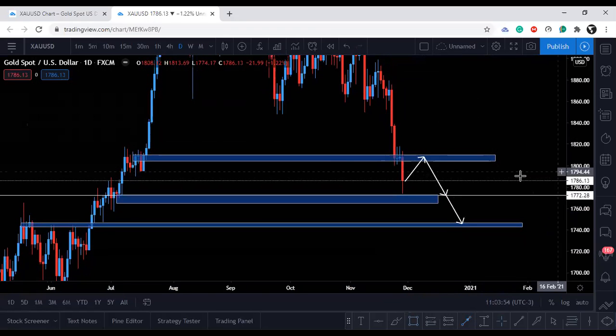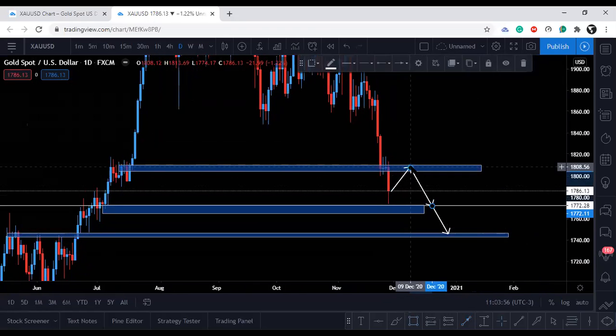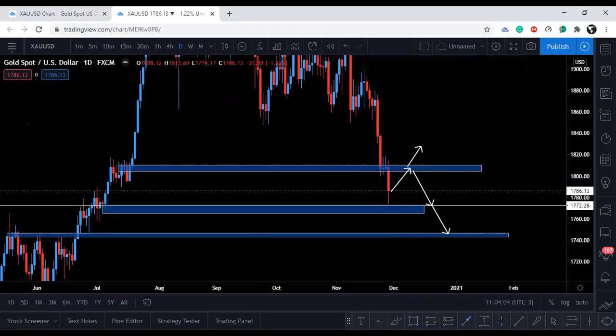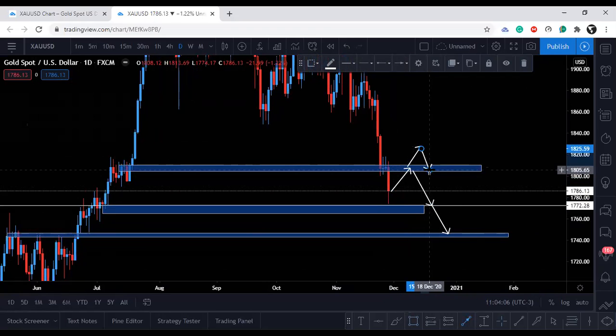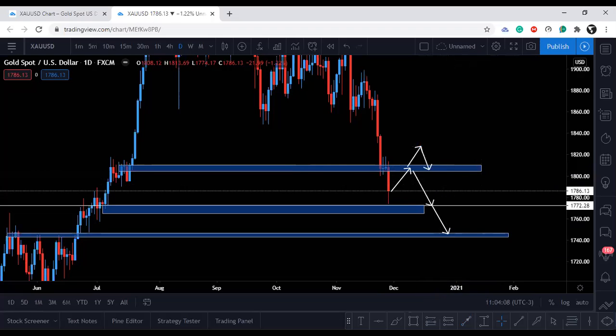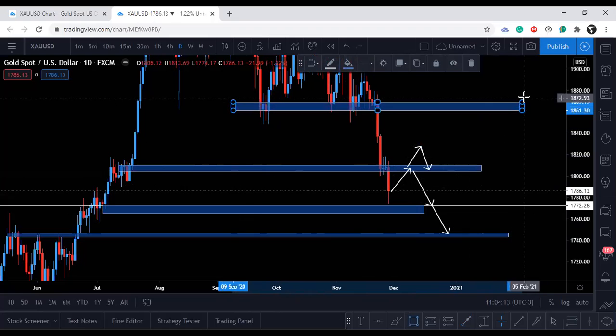On the other hand, if price goes up and breaks the structure on the high side, then we look for price to come back down to retest this level, and then we look for the buy option. On the high side, our target would be this zone.